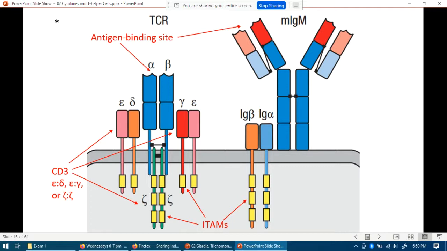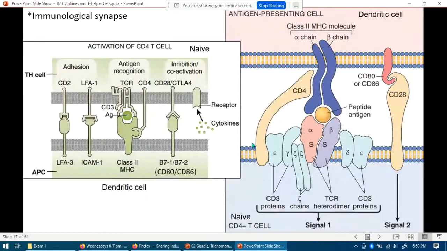Basically, they allow for the cell to actually be signaled once the receptor has bound to antigen. Okay, oh, I remember. It's immunoreceptor tyrosine containing activation motifs. Okay, ITAMs. More on that on exam 2 with signaling. I'm just sort of trying to give you an overview of all this stuff right now.